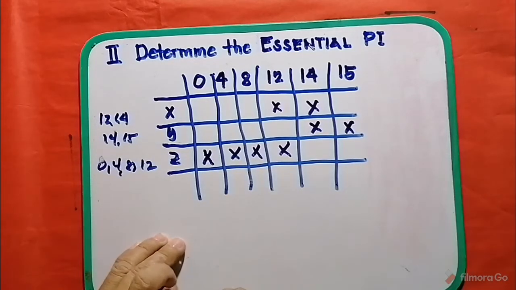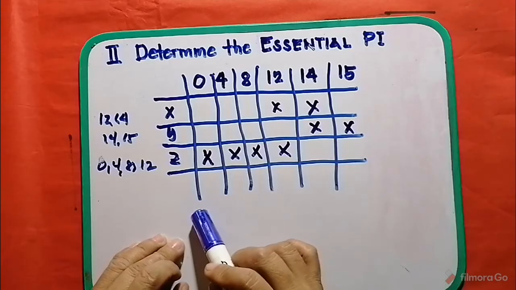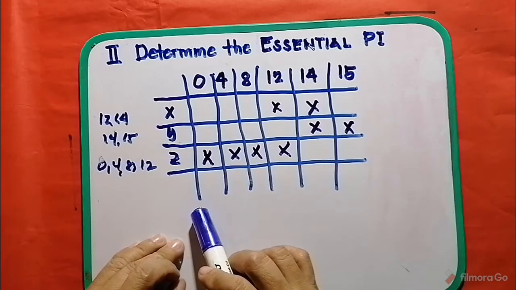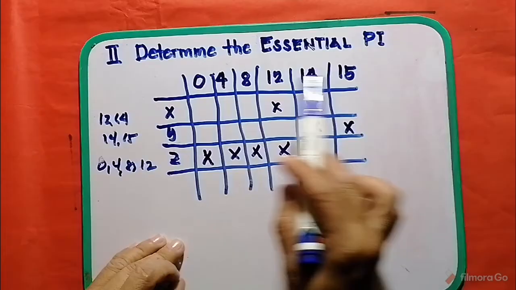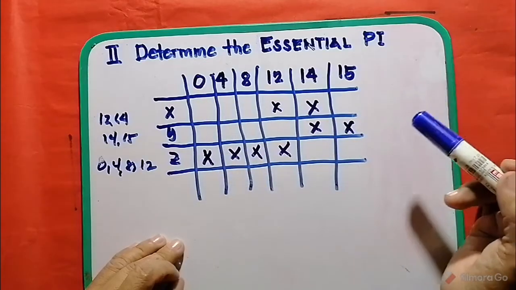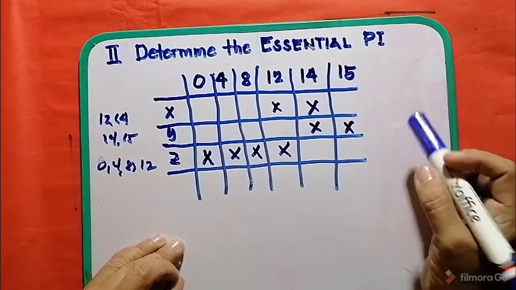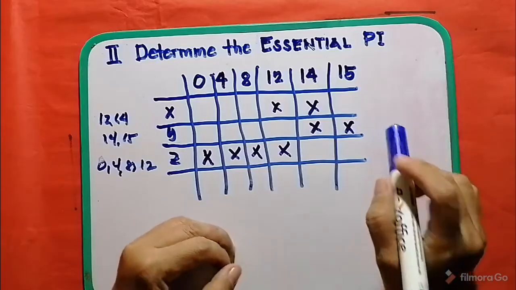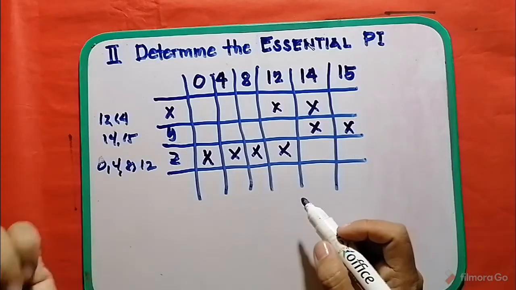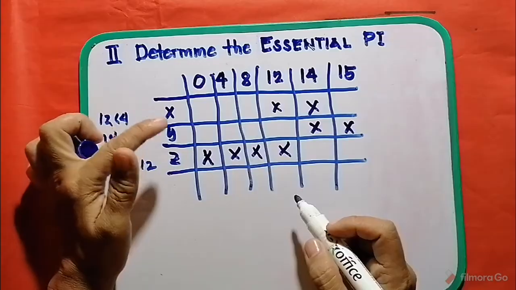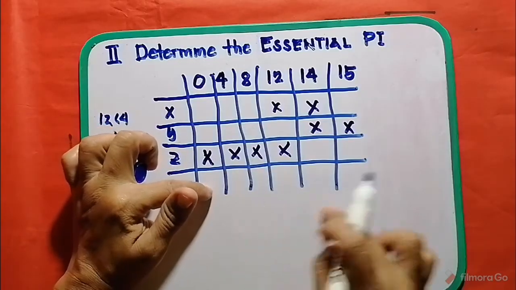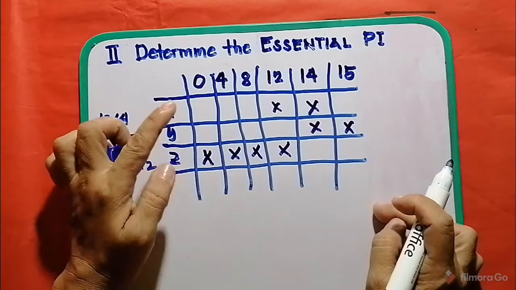But before that, we have to check which among these implicants belong to a group. So, we put a check mark at the bottom first, but then how?